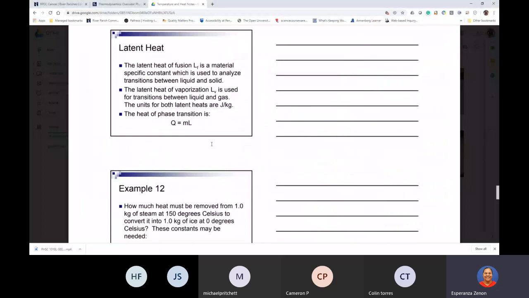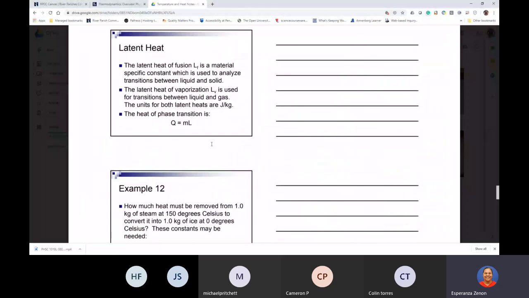Now, we have to be very careful with this formula though, because each material will have its own value of LF and LV. LF is what we call the latent heat of fusion constant. And so each material has its own latent heat of fusion constant. So when we are doing transitions between liquid and solid, we use LF.